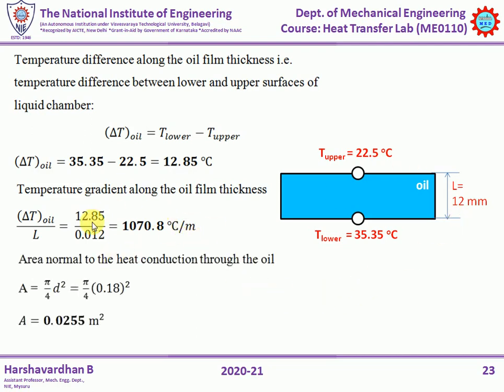Once we calculate this temperature gradient, we go for calculating the area perpendicular to the heat conduction through the oil. That can be obtained as area equal to pi by 4 d square, because it is cylindrical in shape. The diameter of this liquid chamber is 0.18 meter. By substituting the diameter, we get the area perpendicular to the heat flow as 0.0255 meter square.